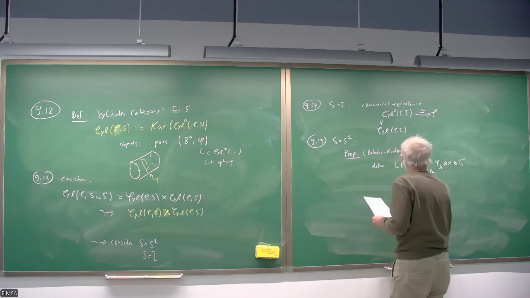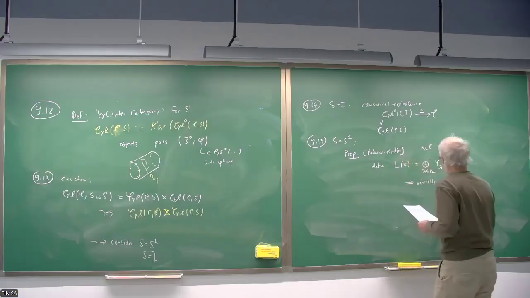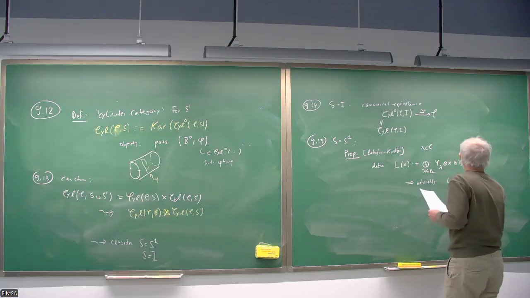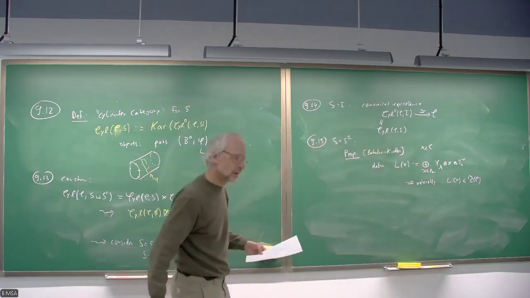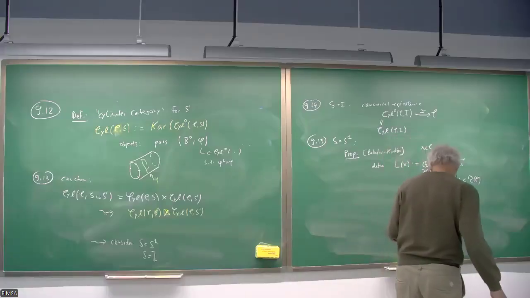One can show that naturally L of X, for every X in C, is an object of the Drinfeld center, meaning there is a natural half braiding on it.